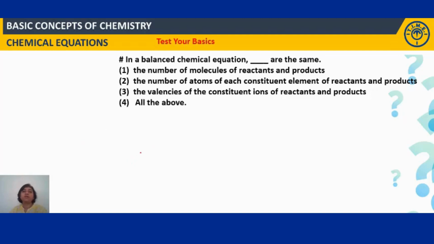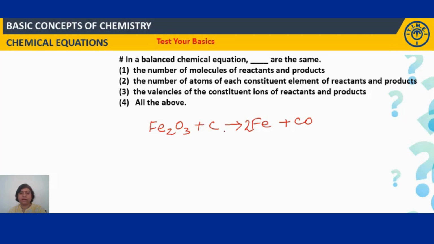The number of molecules of reactants and products. Let us take an example. Already we have taken it, Fe2O3, which we have already worked out, plus CO giving Fe plus CO2. Now first we will balance the equation.